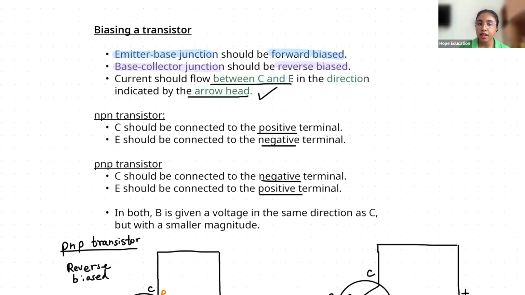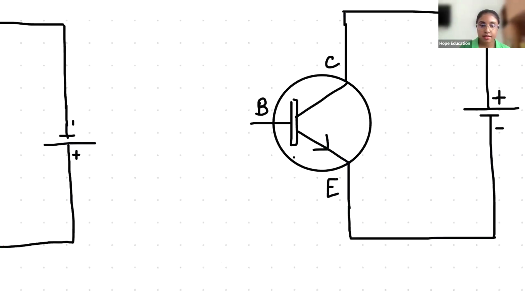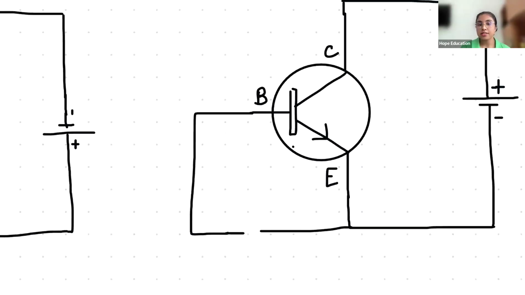Base collector ඊට කලින් මේක බලන්න, emitter base junction should be forward bias. Emitter base. මේ තියෙන්නේ base එක, මේ තියෙන්නේ emitter එක. Now this should be forward biased. In an NPN transistor base එක N semiconductor එකක්ද P semiconductor එකක්ද? Yes, base is a P semiconductor. Emitter?